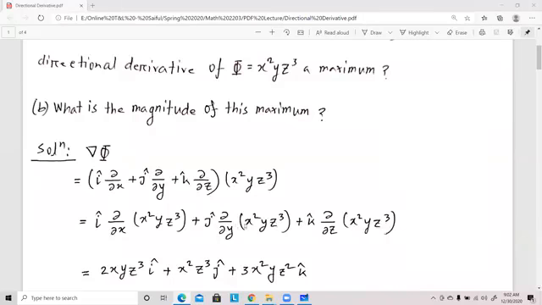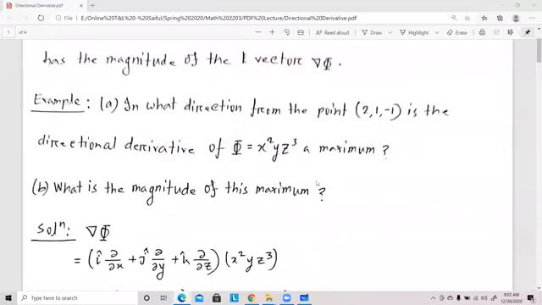So from the second term, we get x square z cube, and from the last one, 3z square into x square y, that is 3x square y z square, with unit vector k.